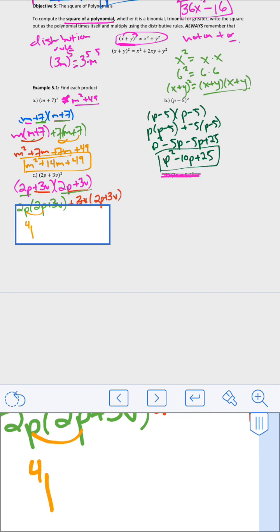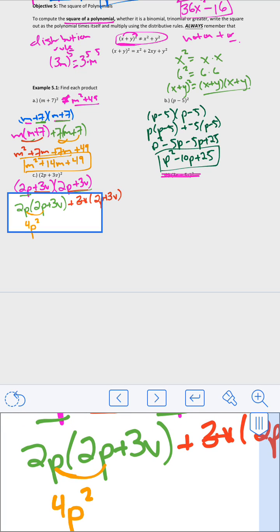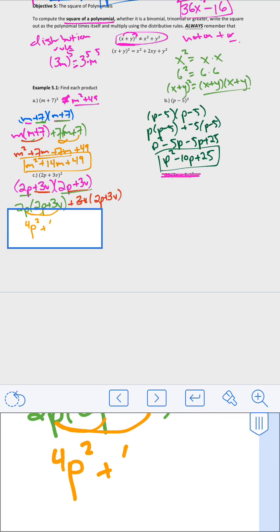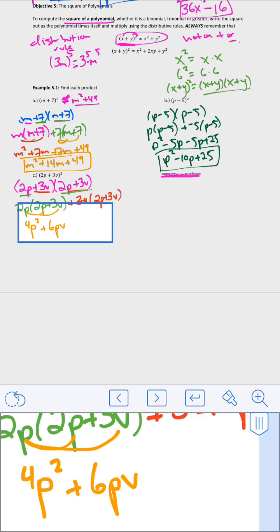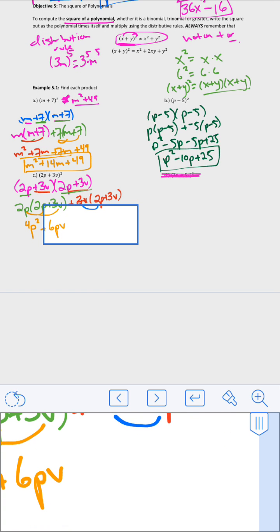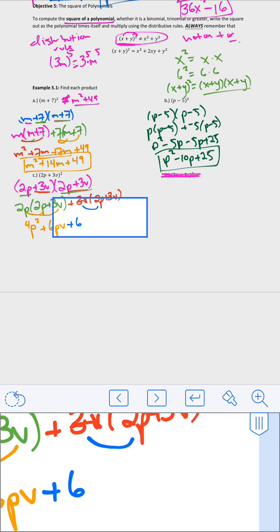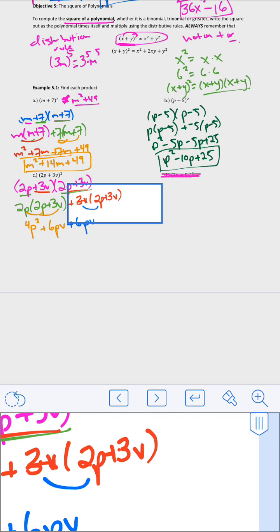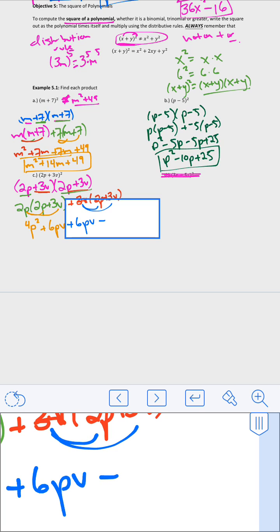So I end up getting 4p squared, 6pv, and remember you put it in alphabetical order so that you can see like terms later. Here, we'll do this one in blue. I've got 6pv and 9v squared.